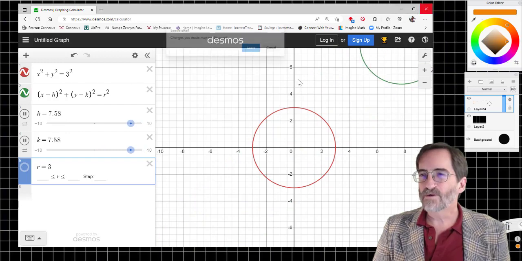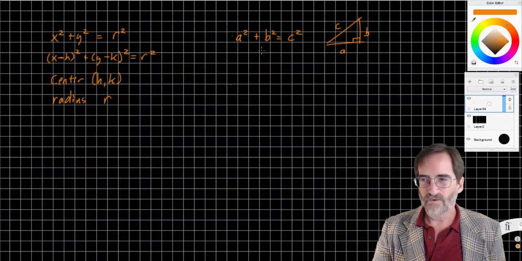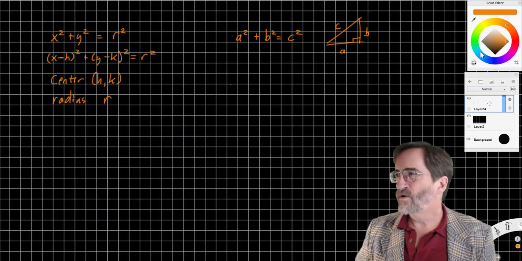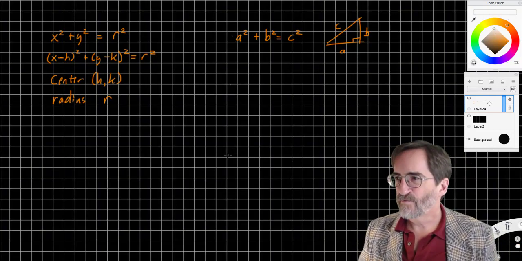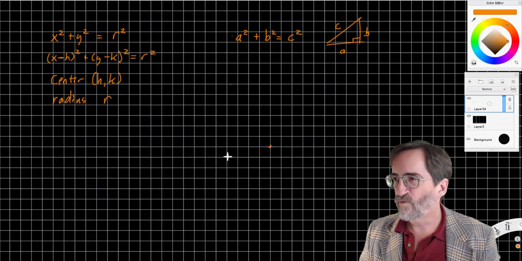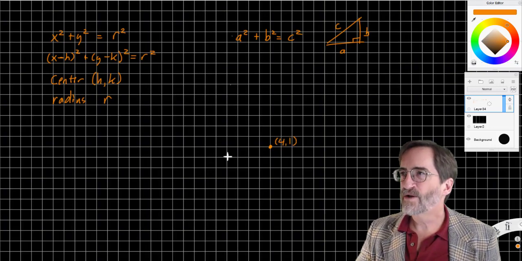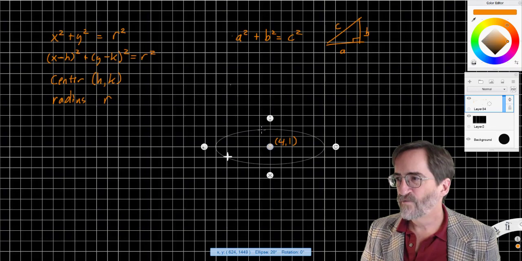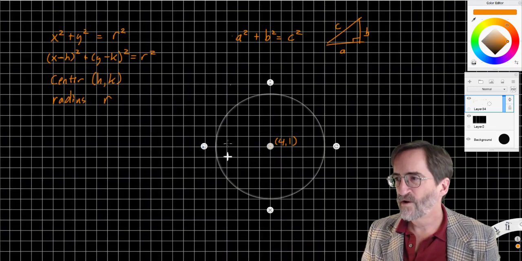So we can use this to graph circles, right? Let's say, for example, I want the equation of a circle with center (4, 1) and a radius of 5.